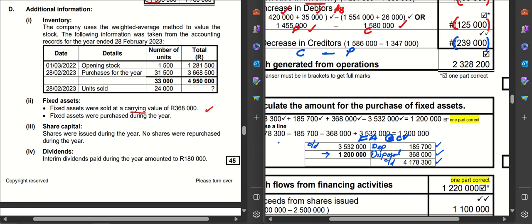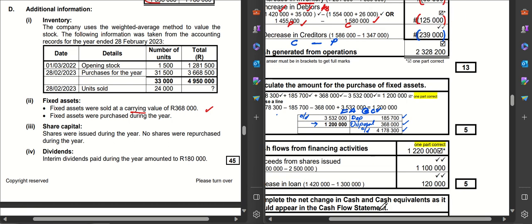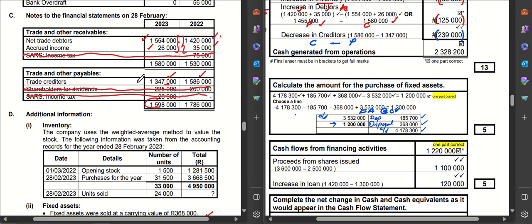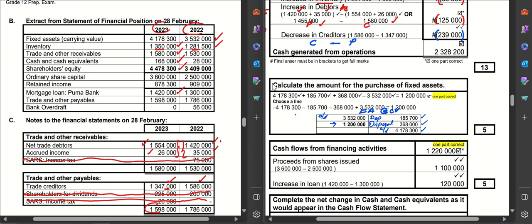The other way that was done as well is the line method, in which you take your 4,178,000, that is the fixed assets that we have at the end. Then we add the 185,700, that is your depreciation, and you also add the disposal.